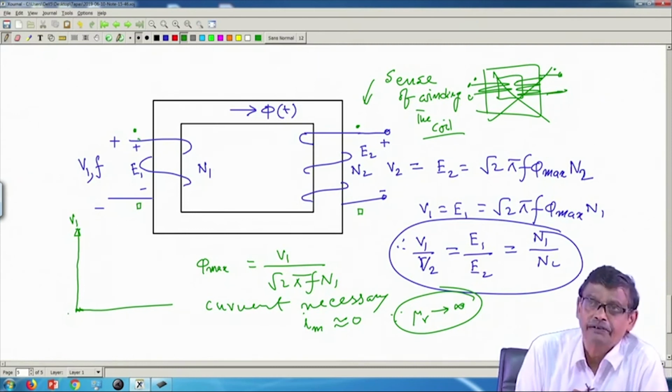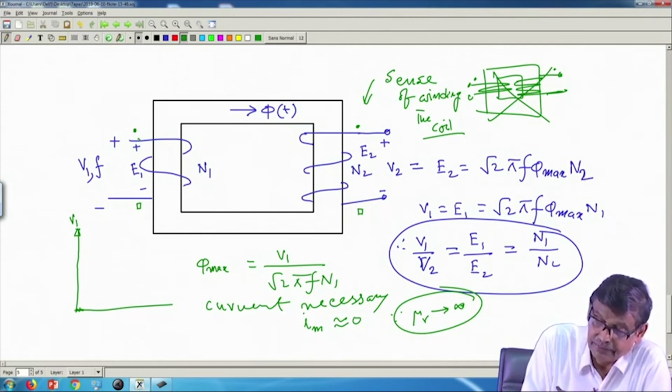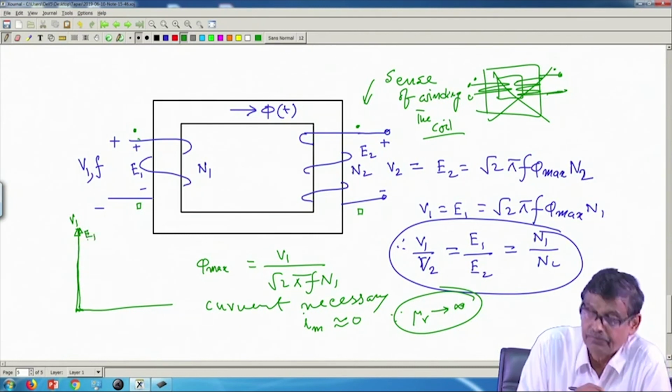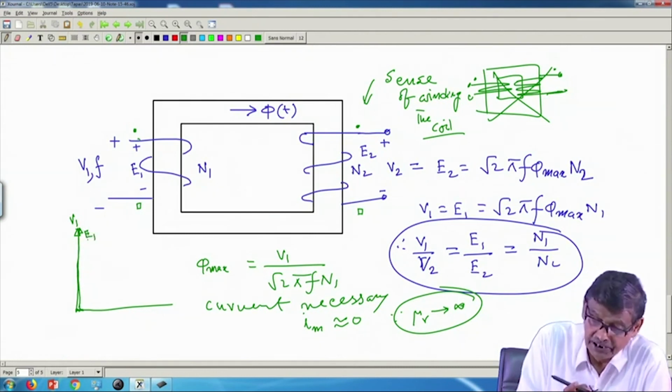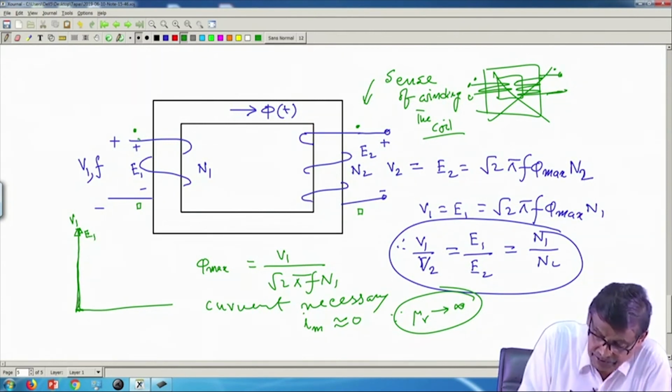So, this is V1. The primary current is this. Where is E1? E1 will also be like this, same as this one. And where will be E2? The same, because of the same N d phi dt. So, E2 will also be like this.